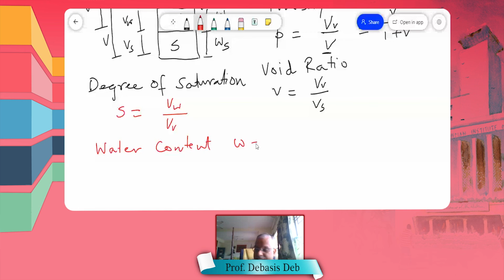This is weight of water by weight of solid. This is also a kind of ratio, weight of water by weight of solid. That means with respect to solid weight, how much is the weight of the water? Now, as you know, the weight of air we are ignoring. So water content w is weight of water by weight of solid.